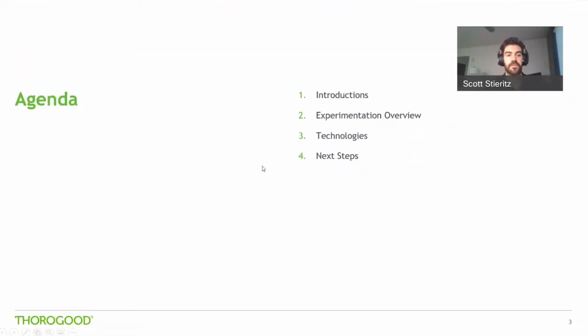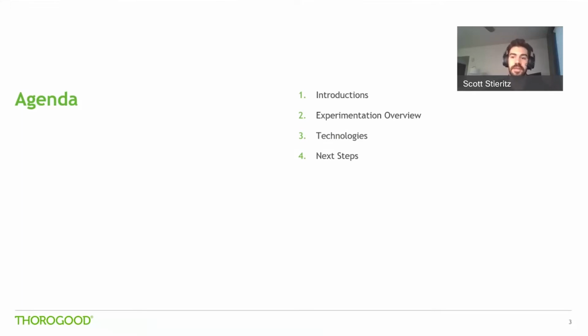I'll do a quick overview of what we're going to talk about today. So we'll start with some introductions to ourselves, to Thorogood as a whole, to some of the technologies that we work with, and then we'll quickly jump into the topic that we're here to discuss today, which is analytical experimentation in the cloud. We'll start with a high-level overview of what that experimentation is or what it means, how we go about doing that.